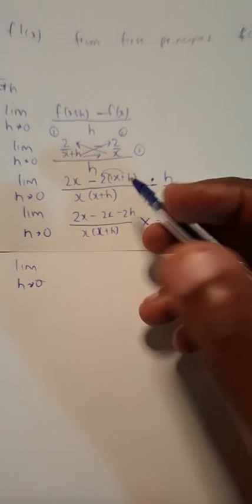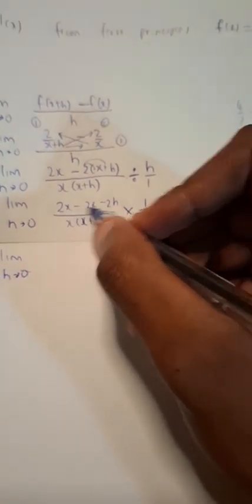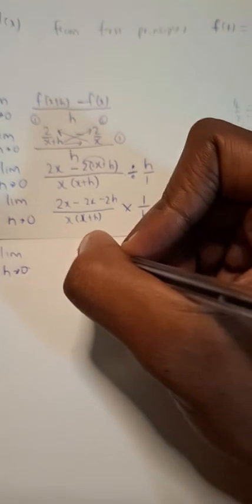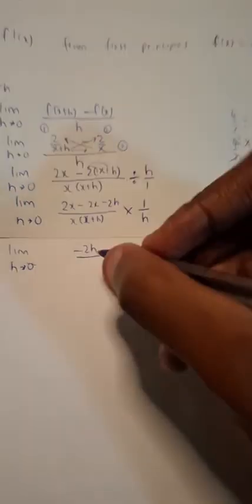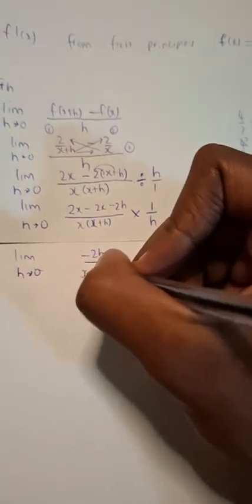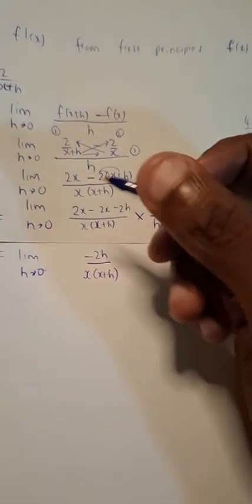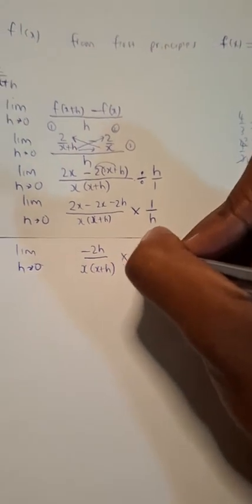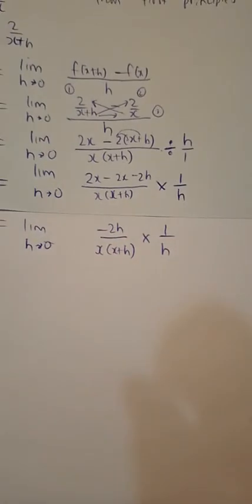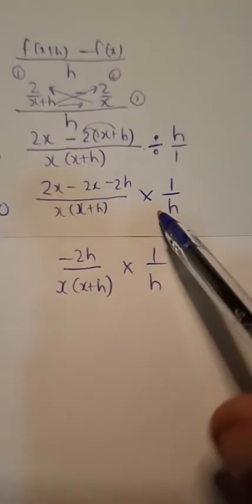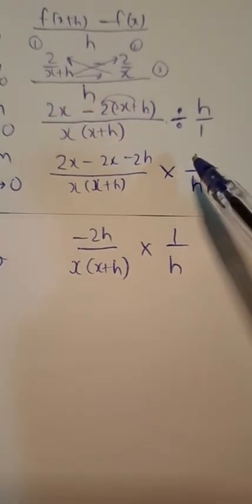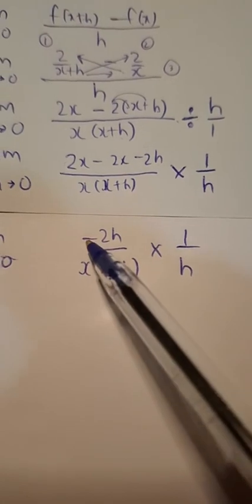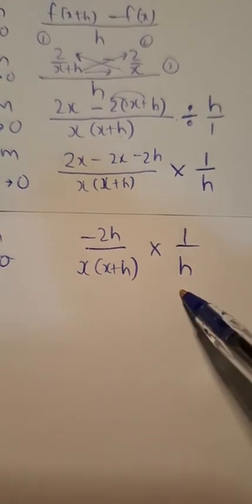Limit h approaches 0. 2x minus 2x, that's 0. Okay, because we're adding like terms there. That leaves us with negative 2h in the numerator. In the denominator, we have x into x plus h times what? 1 over h. But I'm sure you can see that there's further simplification that can happen here. Okay, yeah, we're left with negative 2h at the numerator, 1 over h.